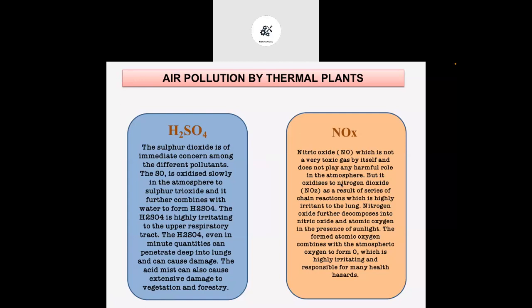Those oxides may be nitrogen oxide, nitrogen dioxide, etc. Those nitrogen oxides are very poisonous to the human body. They are harmful to the atmosphere also, and harmful to the human body also. It may be nitrogen dioxide or nitrogen trioxide, etc. Those are very harmful to the atmosphere.